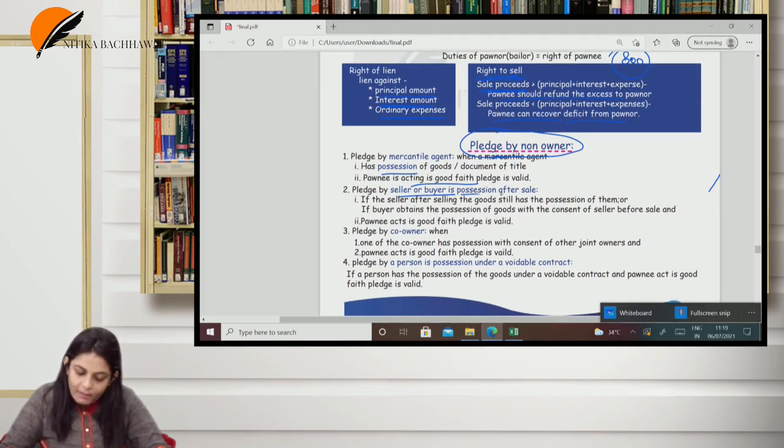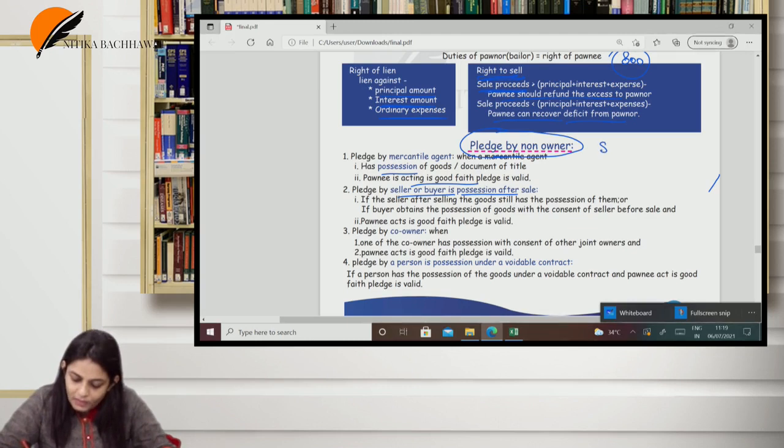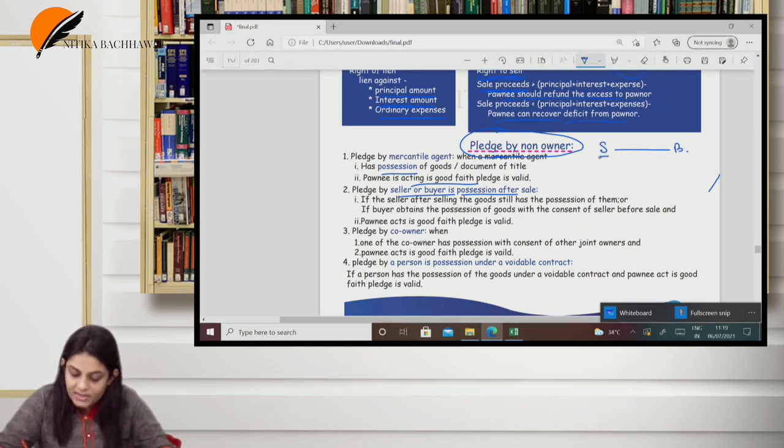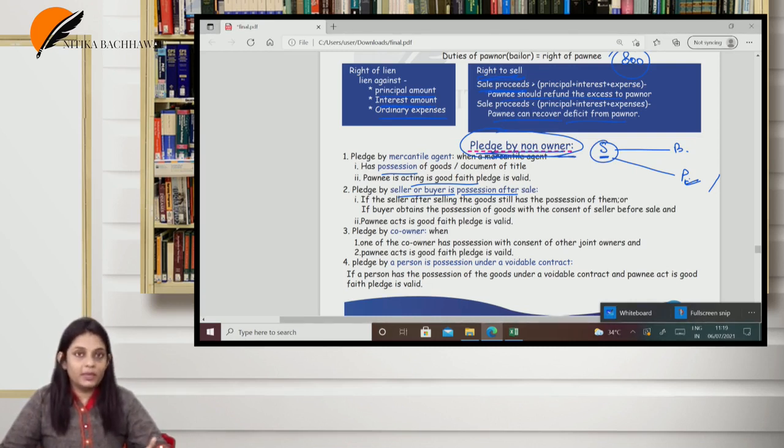Pledge by a seller or buyer in possession after sale. So I have sold the goods to you, or I have given the possession of the goods to you but have not sold them to you. First, let us say S sold his goods to B, but the goods are still with S, and S goes and pledges the goods to P. This pledge is absolutely valid. But ma'am, he is not the owner? That is why it is a pledge by a non-owner. So where S has sold the goods to B, but the goods are still with S, and he goes and pledges the goods to P, the pledge is absolutely valid.